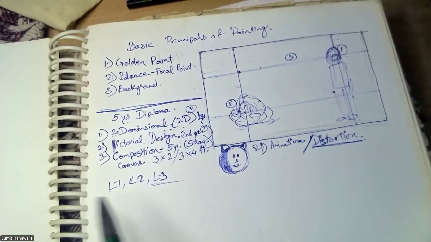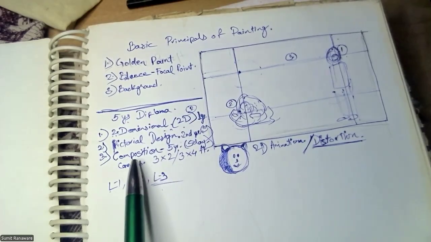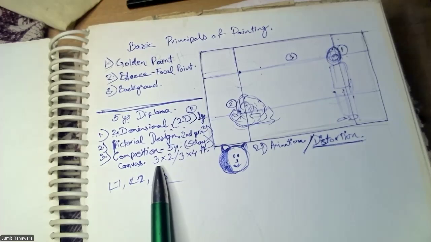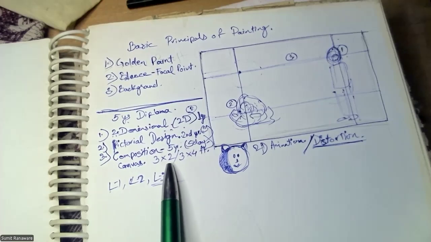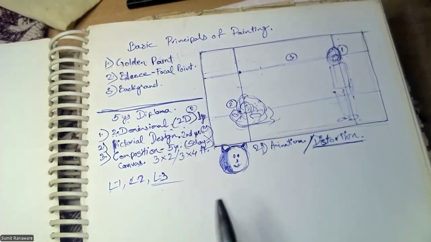Okay, so in the final year composition has been taught, and we have to make it on a bigger canvas, say like a 3 by 2 feet canvas, 3 by 4 feet, or sometimes, it's our choice if we want to make bigger paintings, like 5 by 4, 5 by 3 feet, and I have even painted 10-foot paintings.